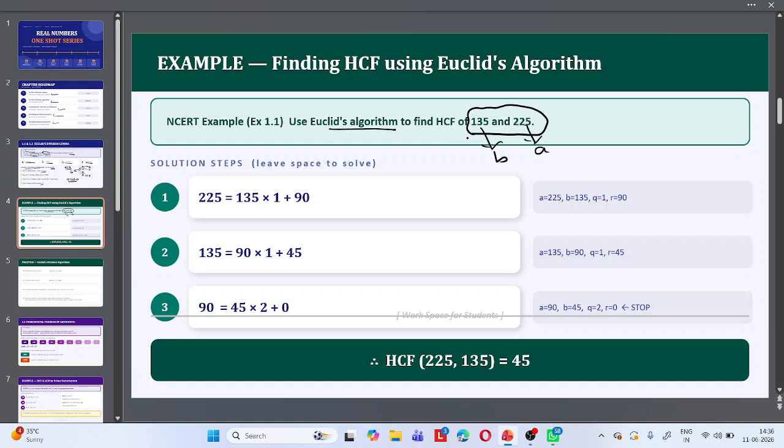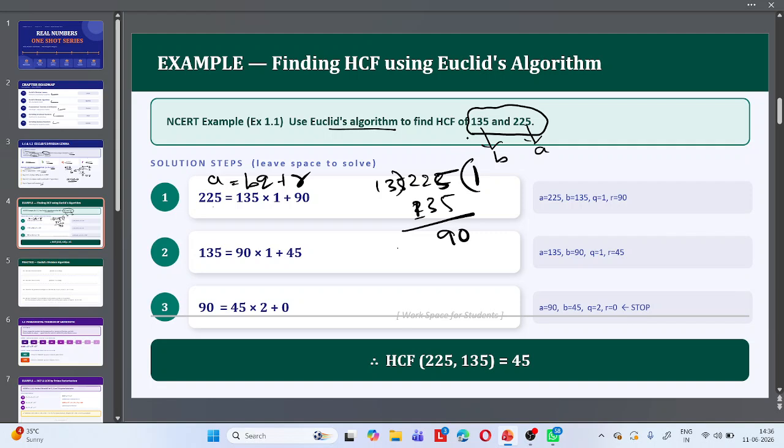So apply the division lemma, that is a equal to bq plus r. a is 225, b is 135. When we divide 225 by 135, 135 twos are 270, which is more than this, so we take it only once, that is 135. So the remainder in this step is 90.